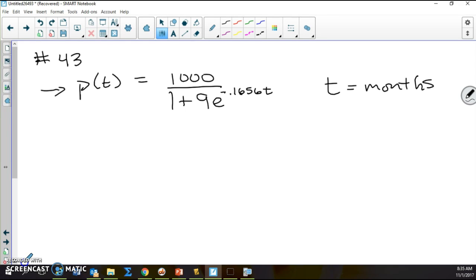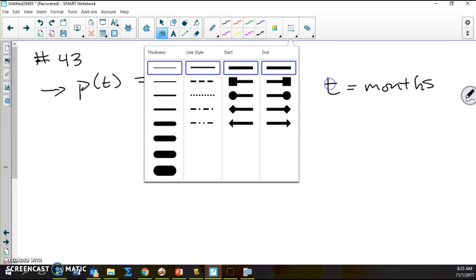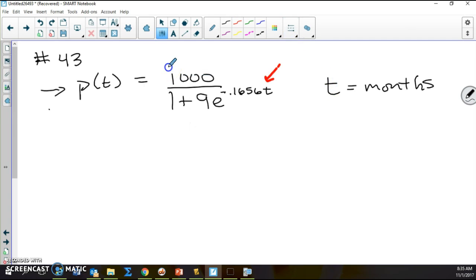Well, if we look at the function, we understand that typically t stands for time. So we're going to go to that part of our function and input the first part, which says, what's the population after 5 months? So we're going to take this model and input the value 5.